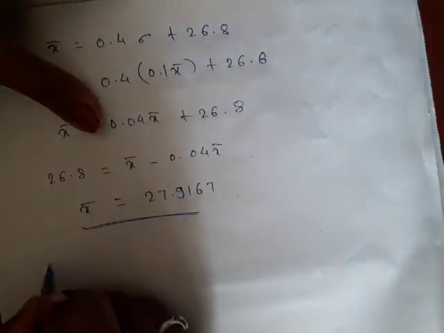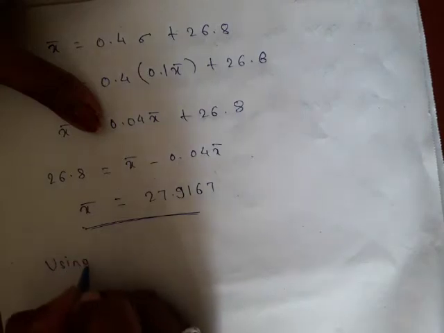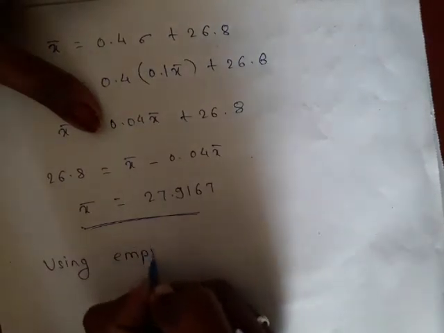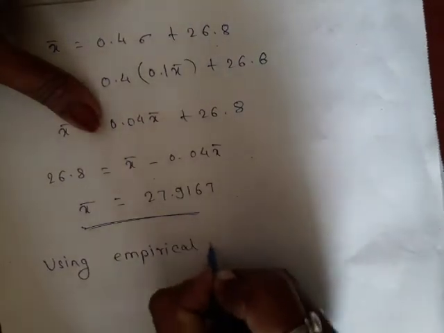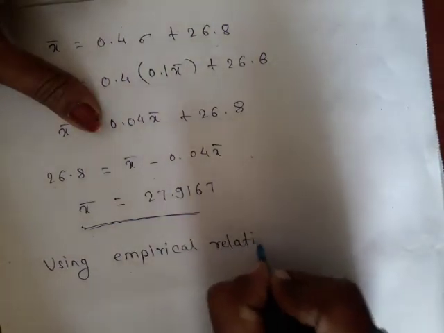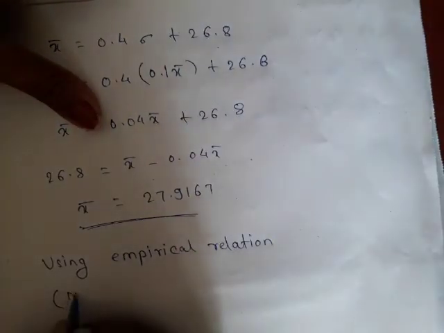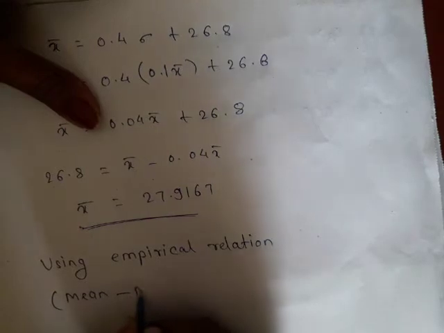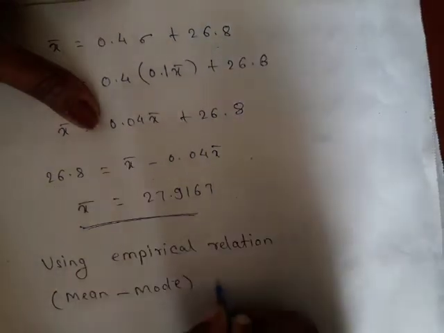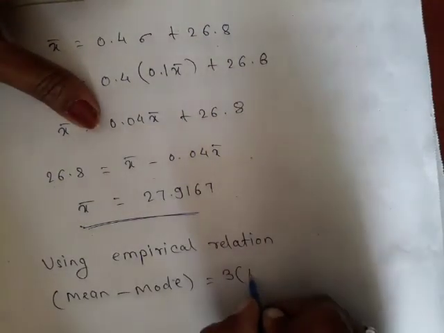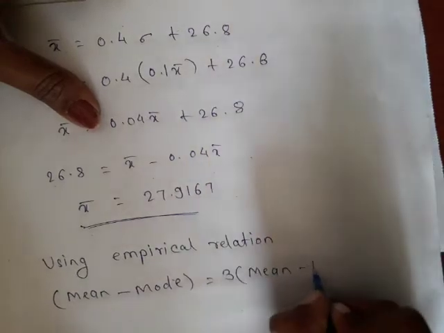So we use the empirical relation: mean minus mode is equal to 3 into (mean minus median).